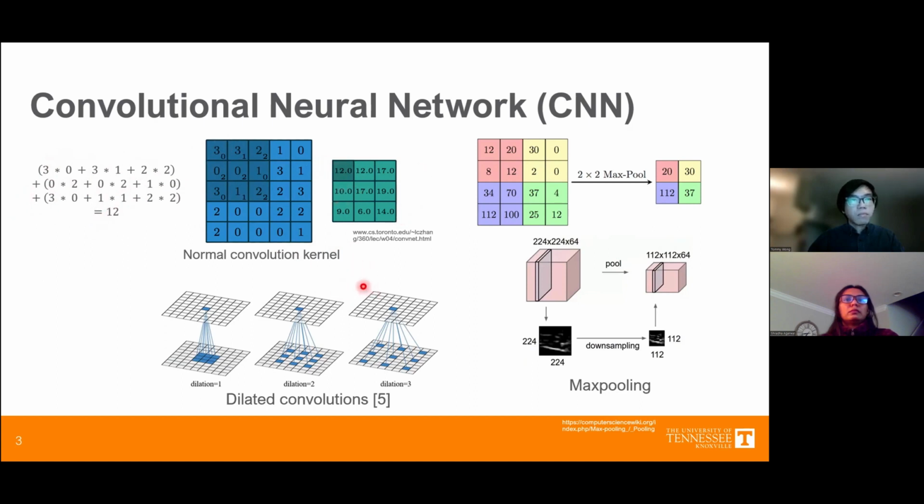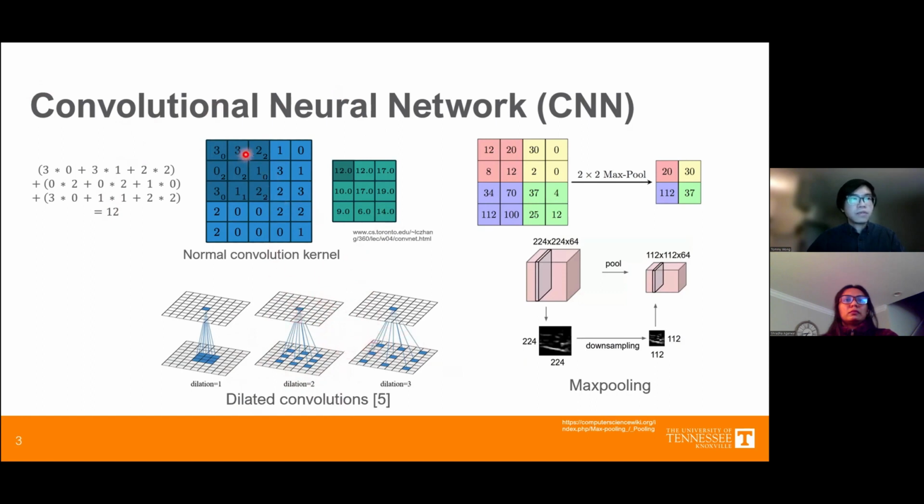There is a modification to normal convolutions, which is dilated convolutions, and with dilated convolutions, the convolution kernel is expanded so that there are gaps between each neuron, and by performing dilated convolutions, a wider view of an image could be obtained while making fewer number of steps, basically.